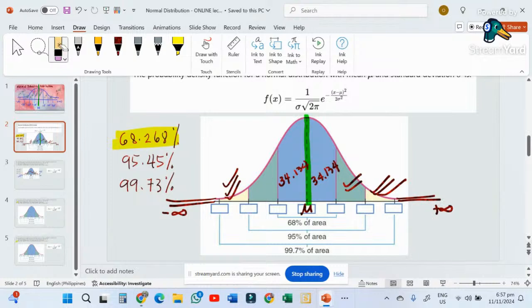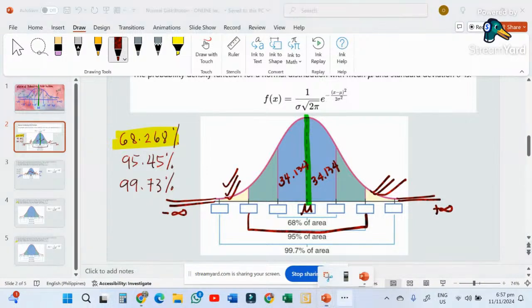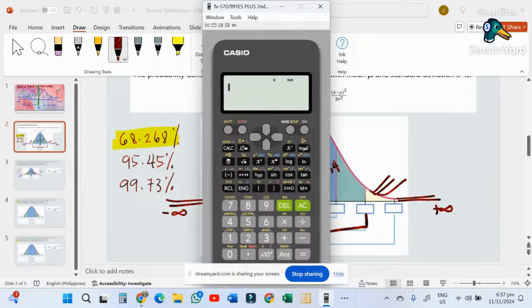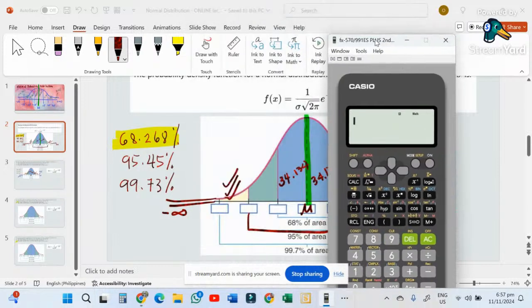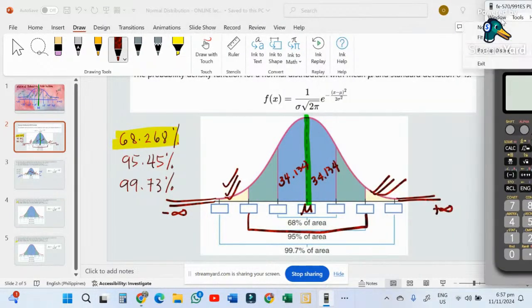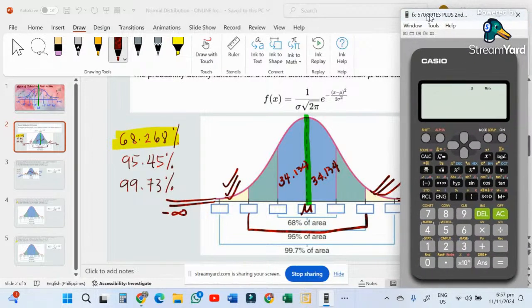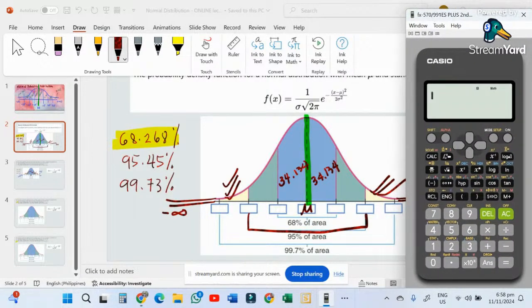And then on the two green areas, it's the 95.45. Because this area here is all 95.45, all you need to do is to take away 68.268 from 95.45, and you have to divide that by 2.